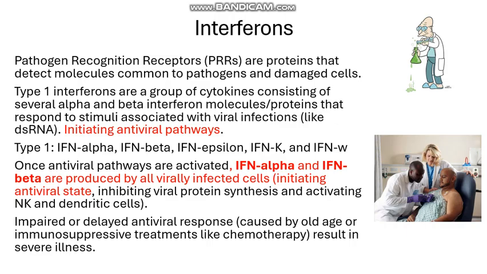if you recall from one of the first few videos, we talked about the role of pathogen recognition receptors on cells, which are proteins that detect molecules produced by pathogens or produced by damaged cells.